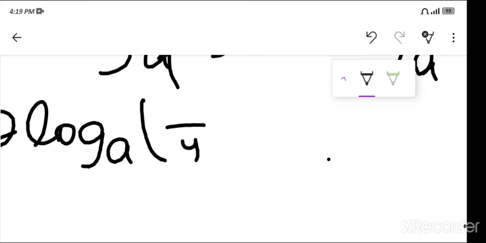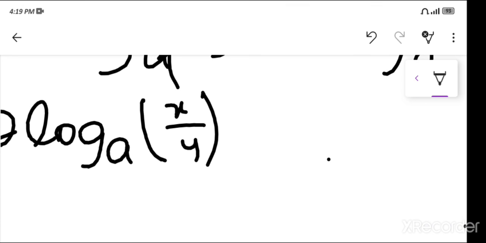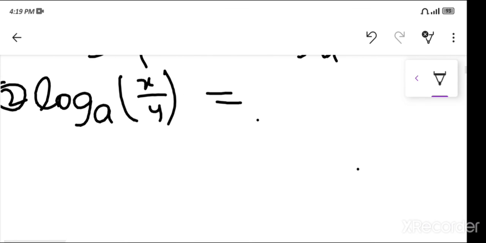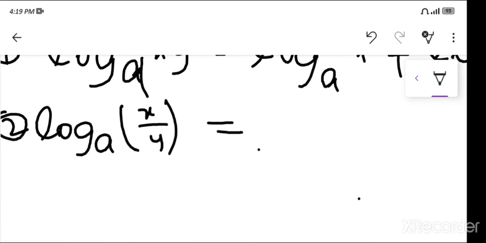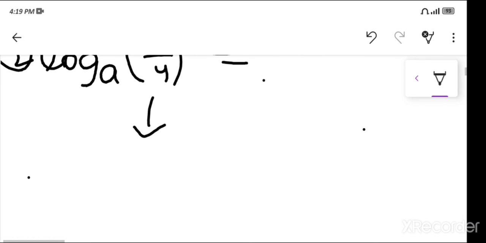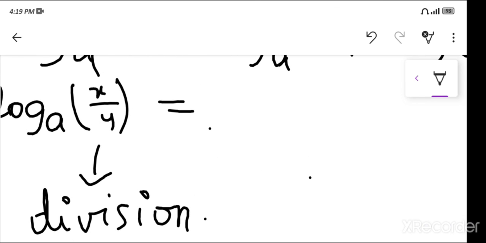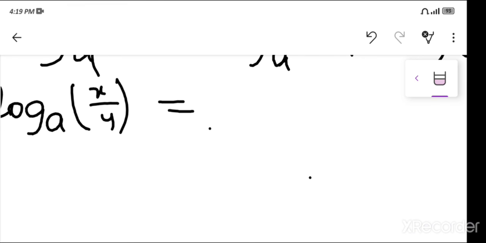How are you going to expand this? This thing is a division. I mean, it's in the form of a fraction.